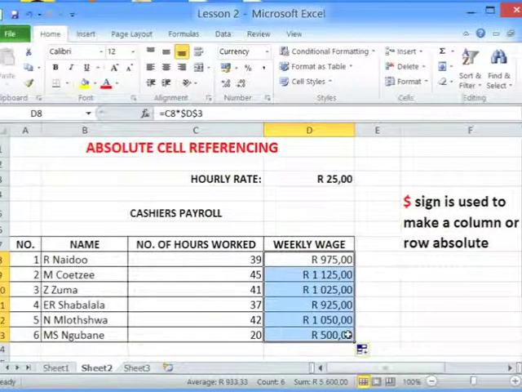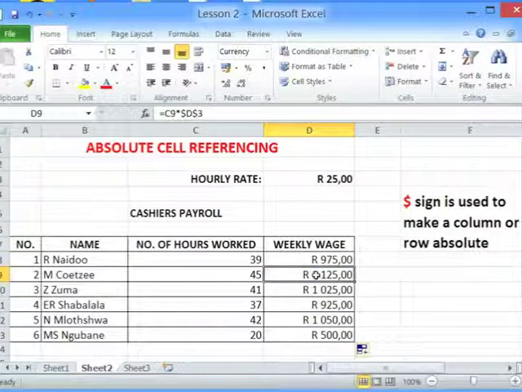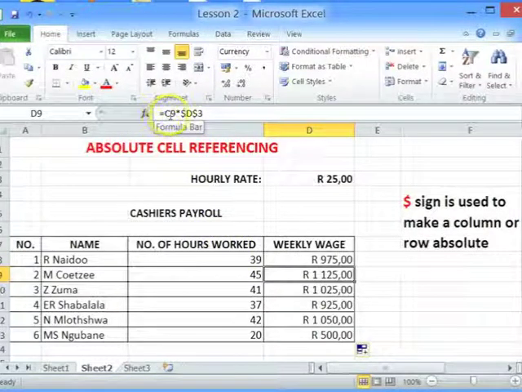I have calculated the weekly wages of M. Kutsia, Z. Zuma, E.R. Shabalala, N. Mlochwa, and M.S. Ngubane. Let us look at what is the formula contained in cell D9. If you look at the formula bar, it is equal to C9.